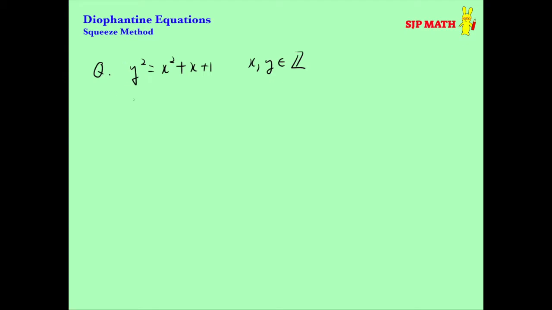Firstly, we're going to go through this a bit slowly, though it's a really simple problem, to understand how we think of this method. We're going to take a different approach this time. We're not going to try to make a difference of squares or sum of squares because we don't think it really works. We know that y is an integer, so y squared is equal to this.